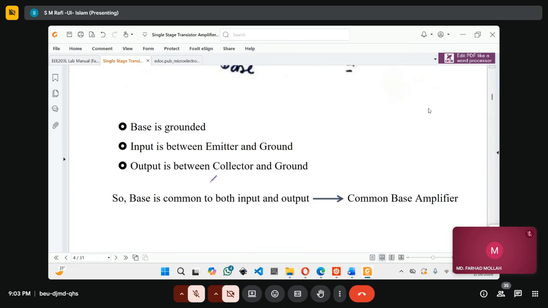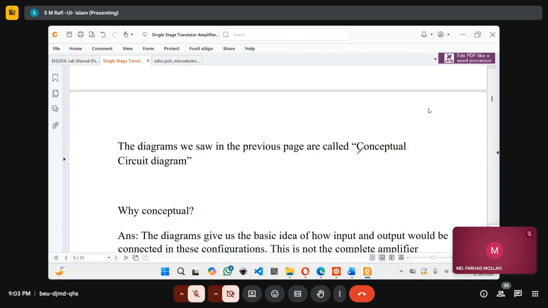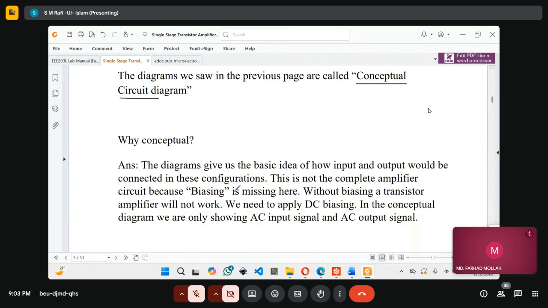That's why this is called a conceptual circuit diagram, because we didn't put any biasing. The circuit requires some energy or voltage from the outside, right? Otherwise it should not work. So biasing is missing here. Later on we'll discuss biasing.